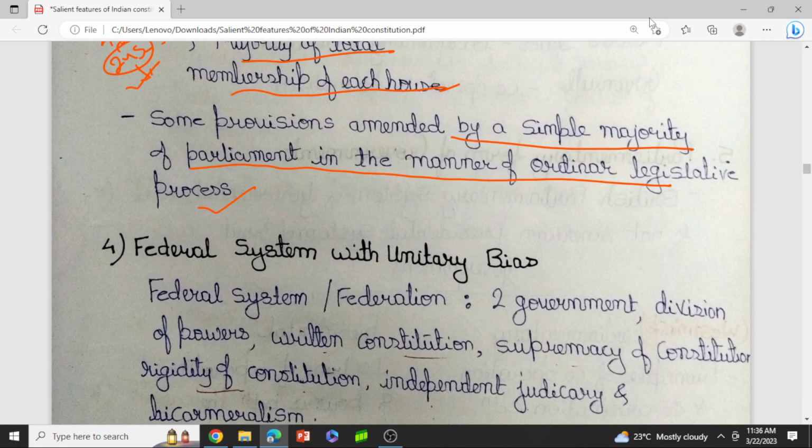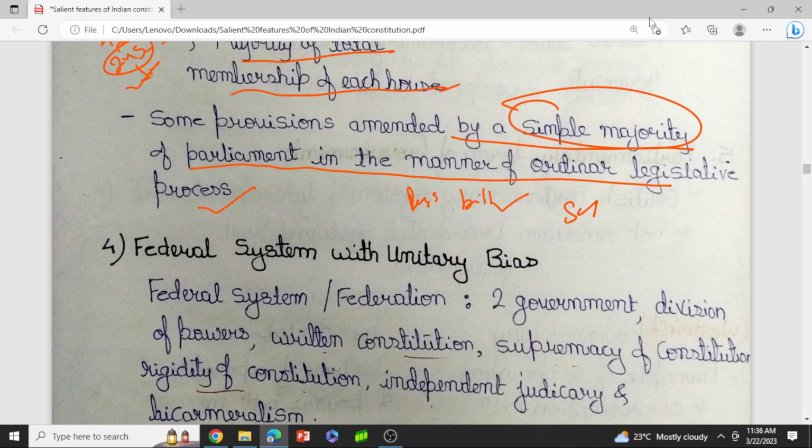However, we have a provision for simple majority as well. So what is simple majority? If any bill has to be passed in the Rajya Sabha and Lok Sabha, it just requires a simple majority, more than 50% voting, right? So that is the simple majority.